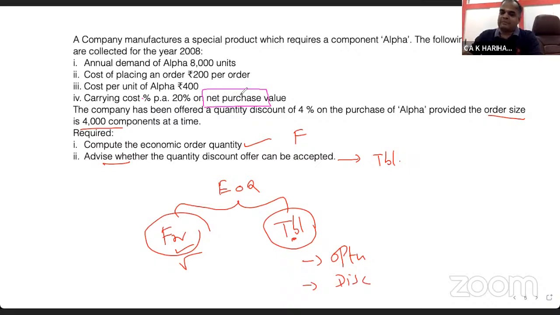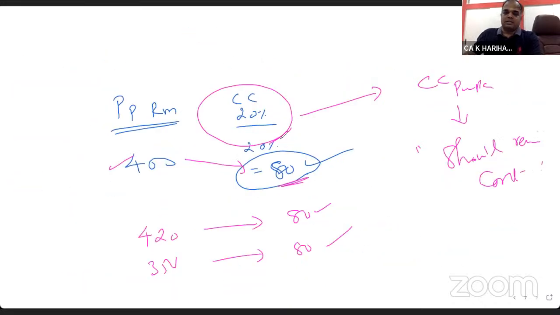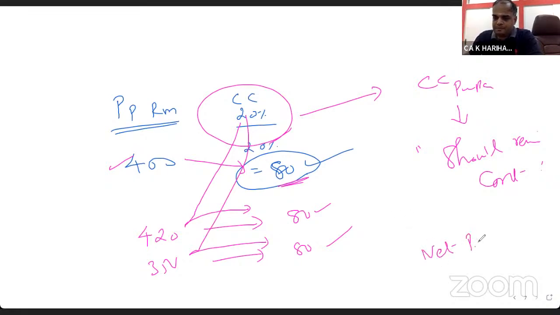Whenever net purchase price comes into the picture, you have to apply the 20%: 420 into 20%, 350 into 20%. When the words net purchase price are given in the expression, then you have to apply the market price.